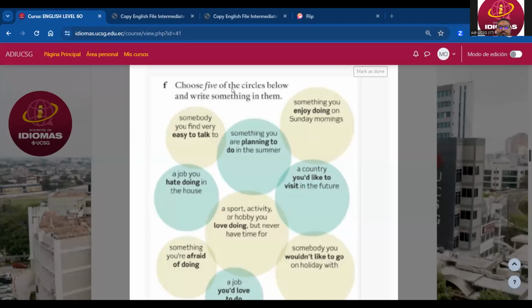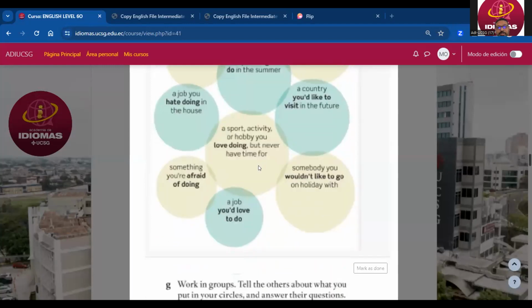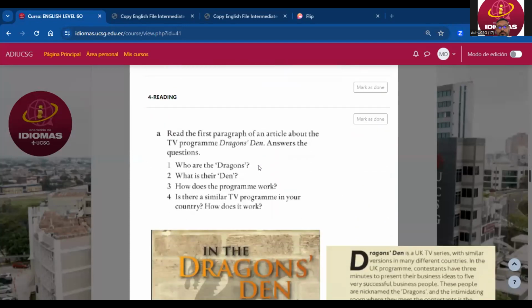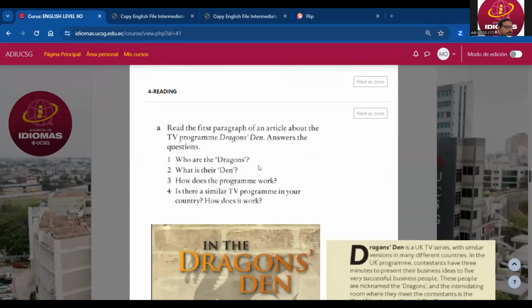Let's continue, shall we? So after the circles and the writing activity that you helped me out with, we got to section number 4 of this unit for 8B, that is regarding reading. The instruction in this part is: read the first paragraph of an article about the TV program Dragon's Den.